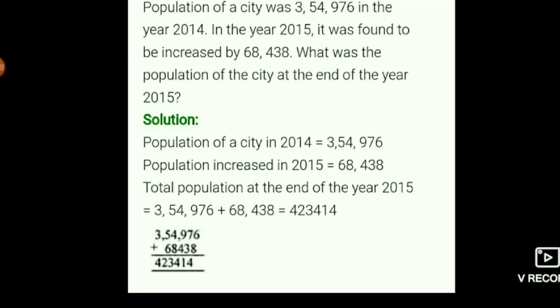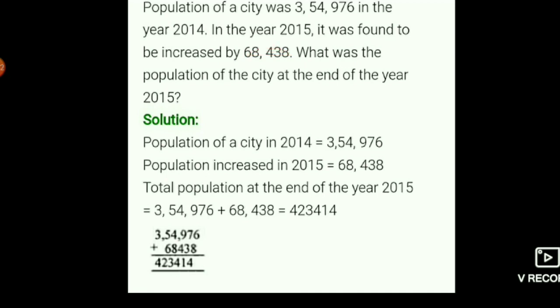Since population of a city in 2014 is given, which is equals to 3,54,976, as the population has been increased by 68,438 in 2015, so population increase in 2015 is equals to 68,438.